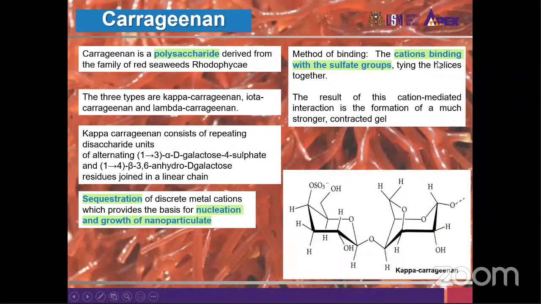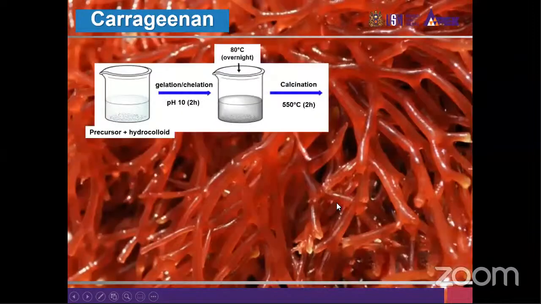The cations will bind with the sulfate group here, tying the helices together, and this will result in these cation-mediated interactions, and there will be a formation of a stronger contracted gel when they start to bind together. All right.